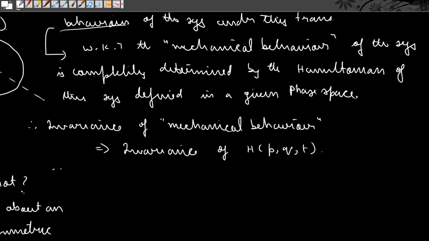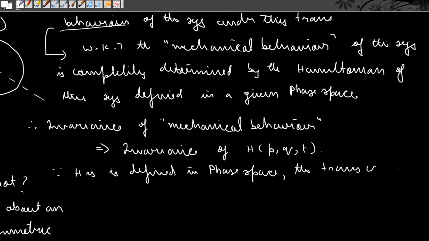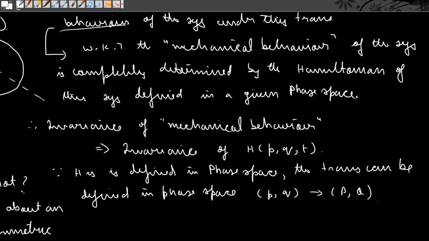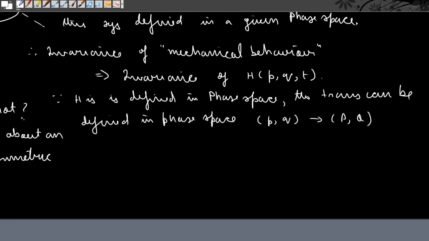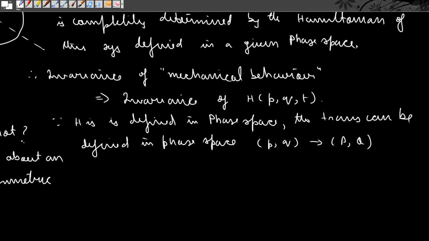Okay, and since H is defined in phase space, the transformation can be defined in phase space as just a transformation from PQ to some other PQ. Okay, and this is exactly what we do in the active interpretation of a canonical transformation.